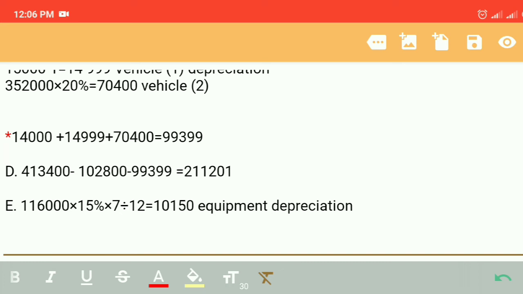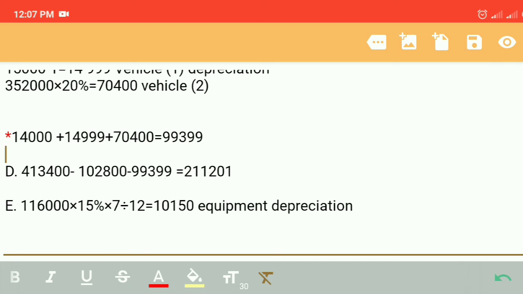You can simply say on your calculator 7 over 12, you get the same thing. Then the final answer is 10,150, which is equipment depreciation. This is how we got to the answer. 15%, we got it from depreciation policy. Then the 116,000 was given. Then we calculated how long the equipment was there, which is 7 months.